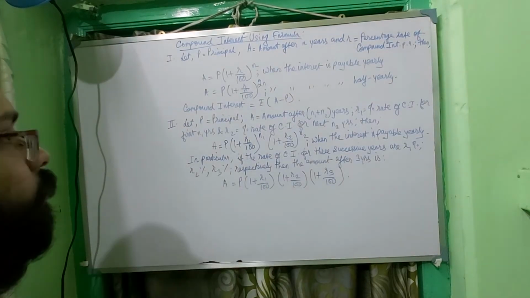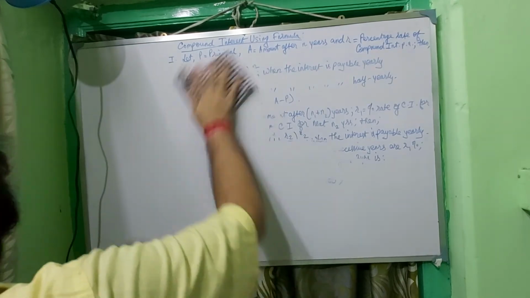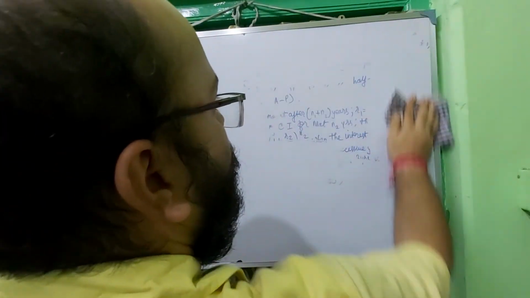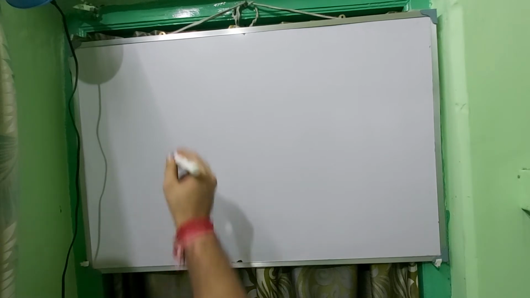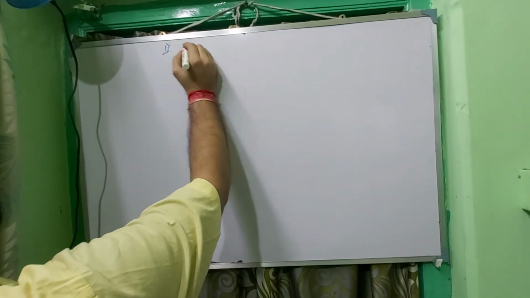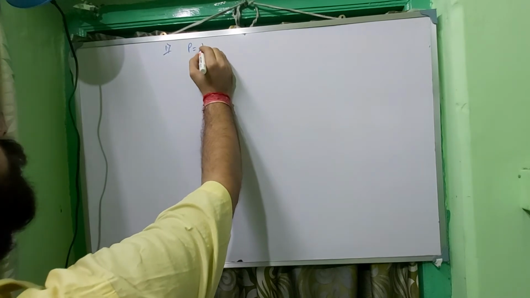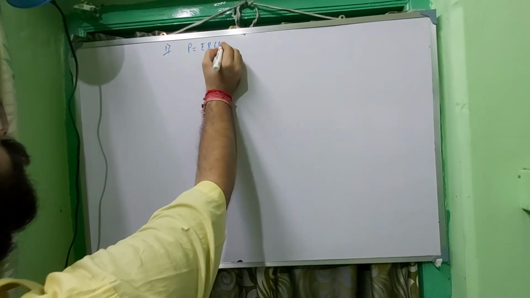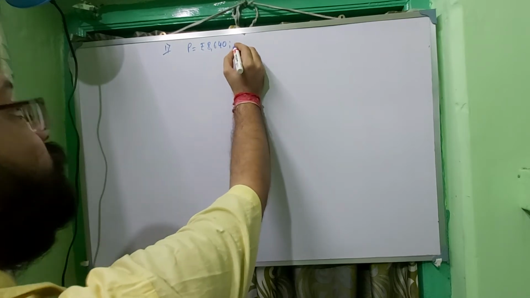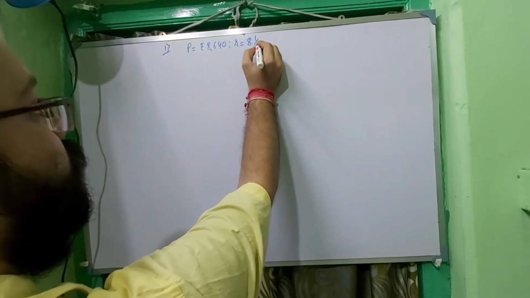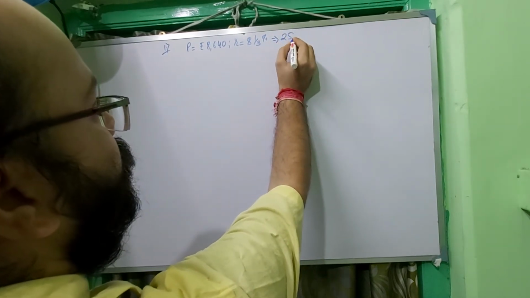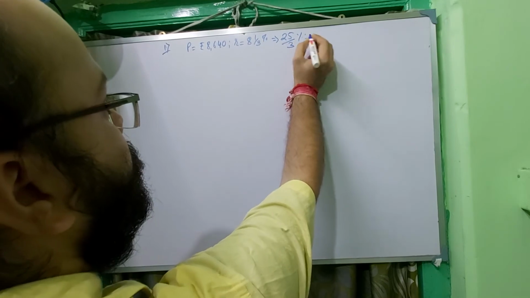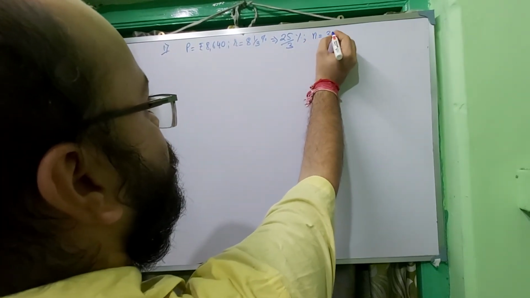So if I rub this, you will see how I am doing the sum altogether. Here, what is given? P is given, rupees 8640. R is given, 8 1/3 percent, that is 25 by 3 percent, and n is given, 3 years.